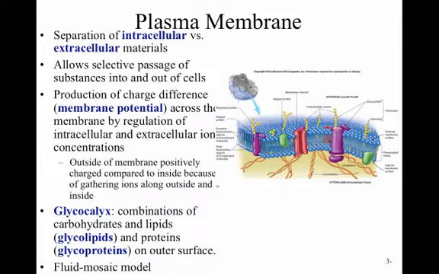In normal conditions, the outside of the membrane is more positively charged compared to the inside because there's more sodium ions outside the cell. And then when the sodium-potassium pump works, or if there's a channel that's open, then those can rush inside and change the membrane potential.